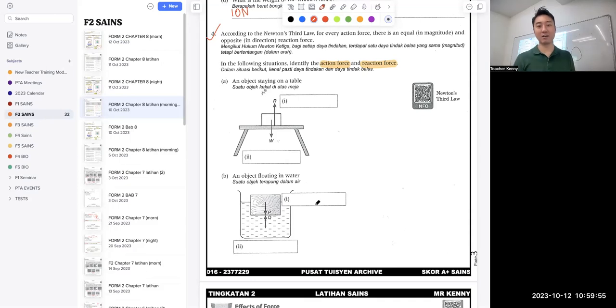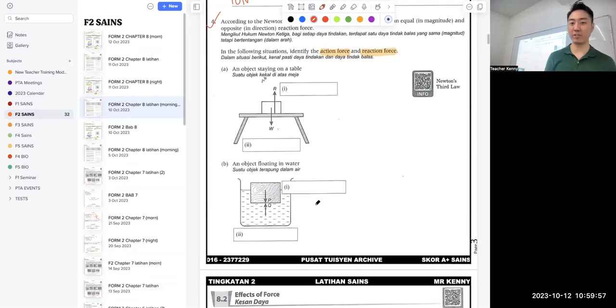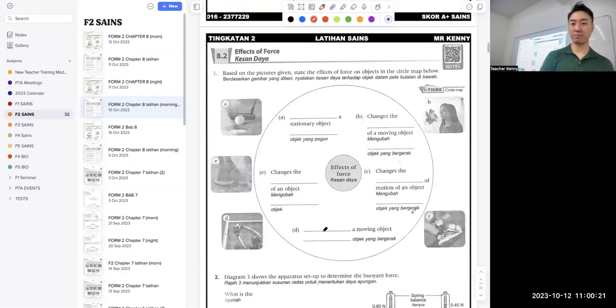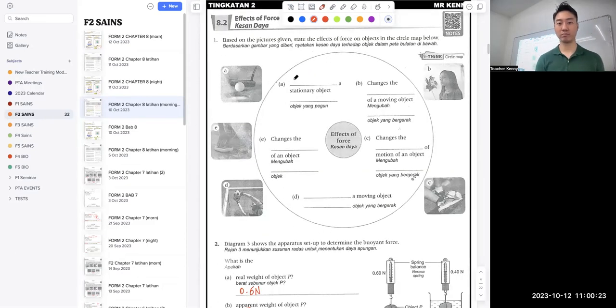Okay. Now let's look over here at page 3. W is what? Action, force, reaction. Okay, next up, what's the answer?